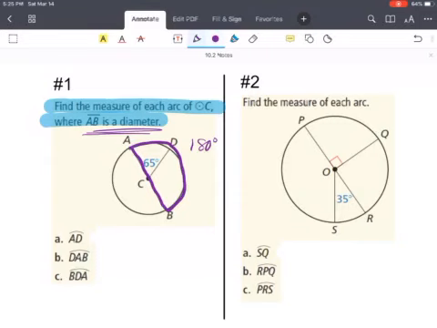And because this is a central angle, I know that this arc up here is also going to be 65 degrees. Since this whole thing is 180, I can subtract my 65 from 180 and will be left with 115 degrees for DB.